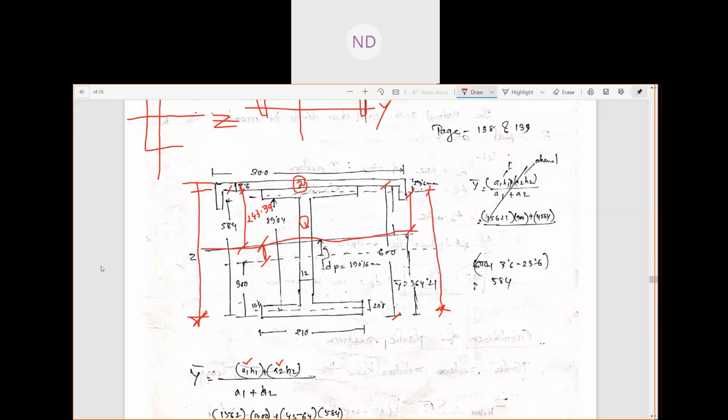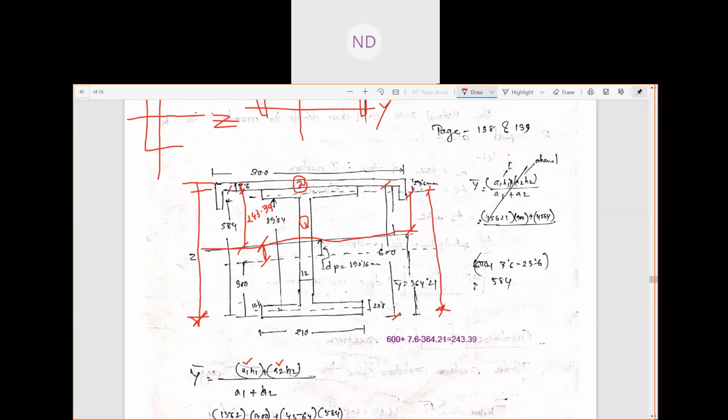Here, this was how much? This was 600 plus 7.6 minus this y-axis, y bar. If we subtract this 364.21, we will get this 243.39, which I'm talking about, this distance.